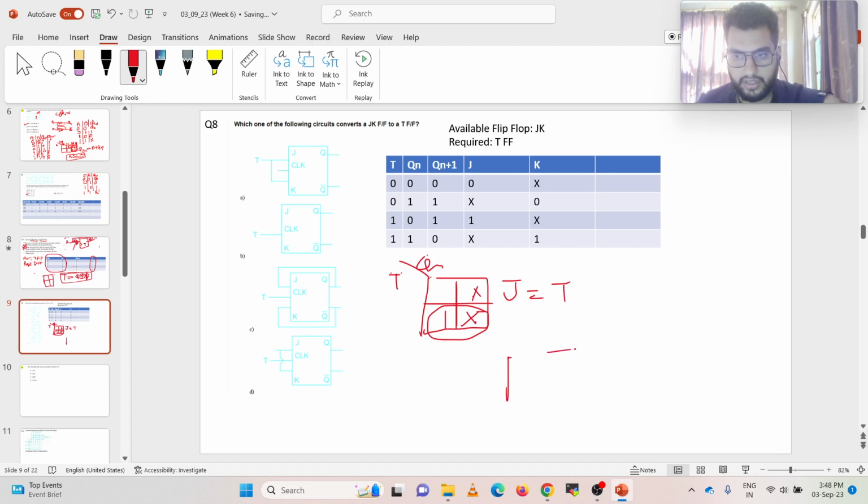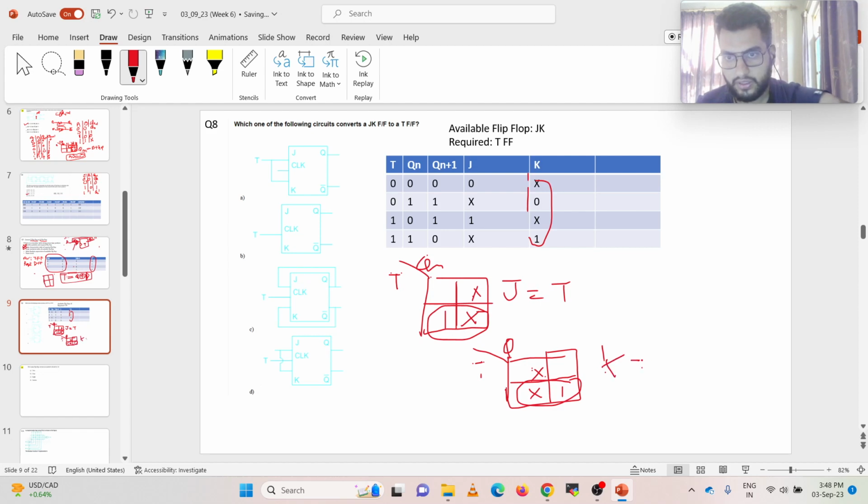And now for K, we have this T, Q, and then like this. So again, we have K equal to T. So that means J equal to K equal to T is your answer.